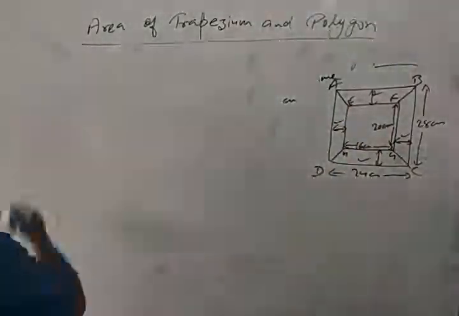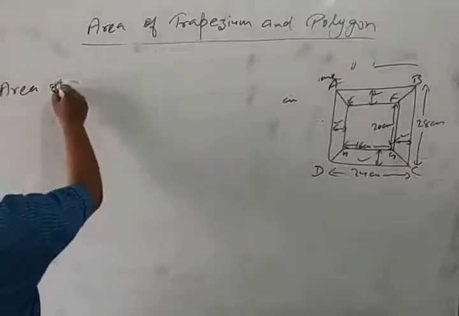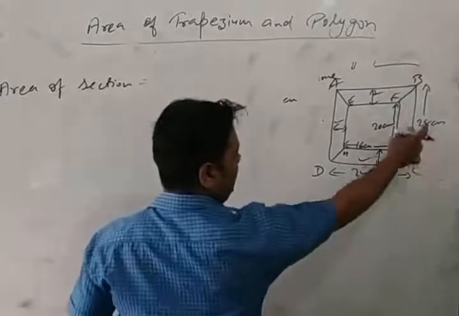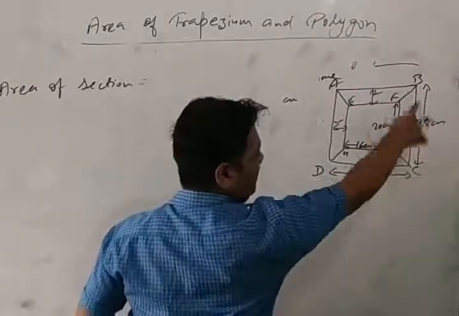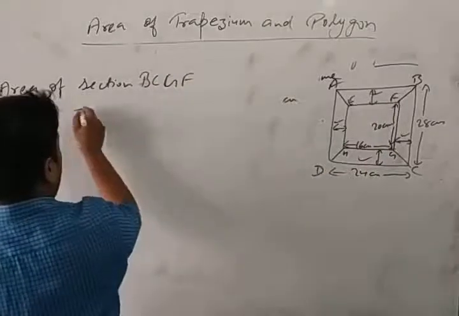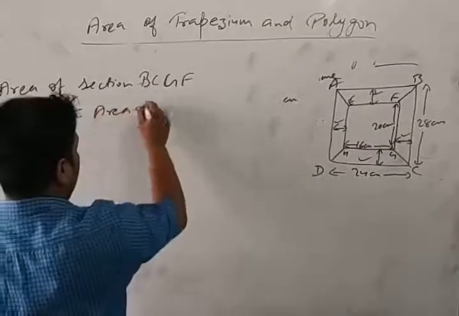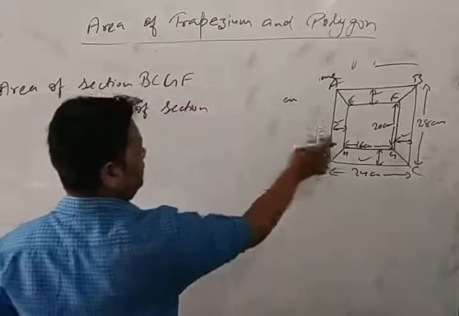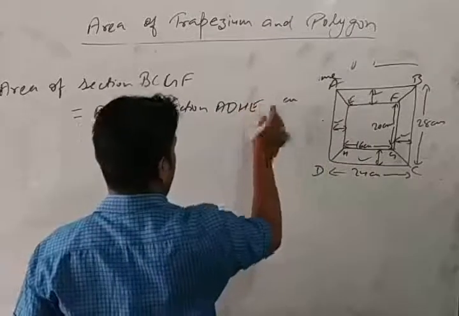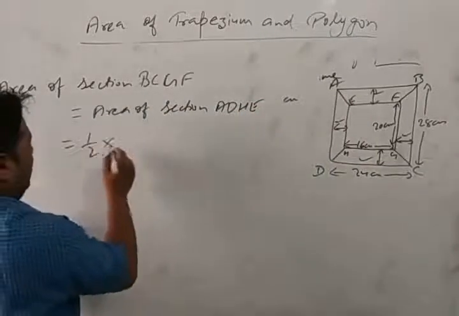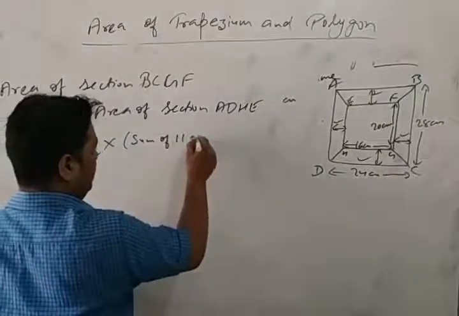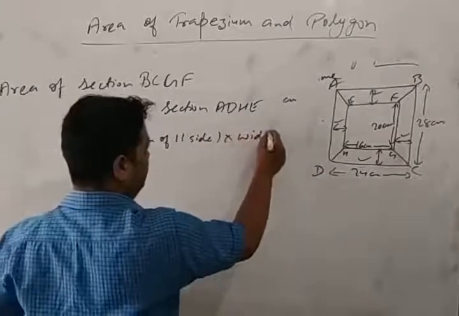Then we can say that the area of section BCGF is also equal to the area of the opposite section ADHE, and is equal to 1 by 2 into the sum of parallel sides into height, but here we will use width.